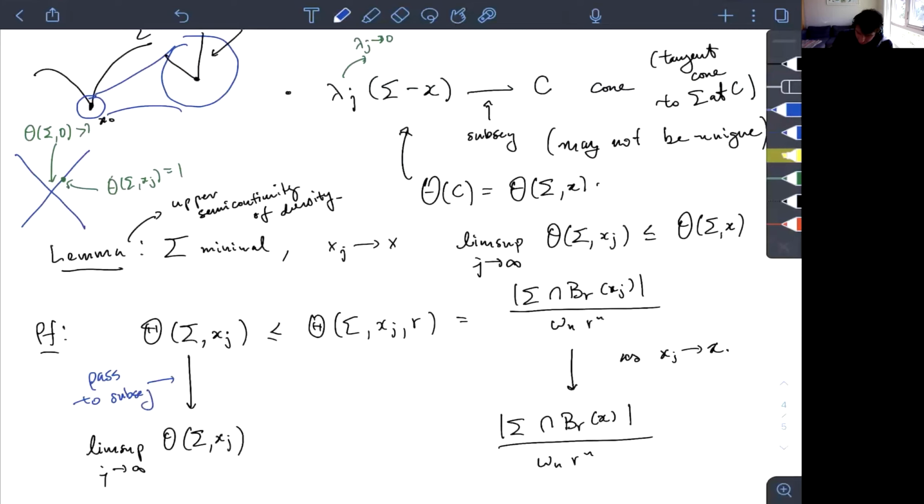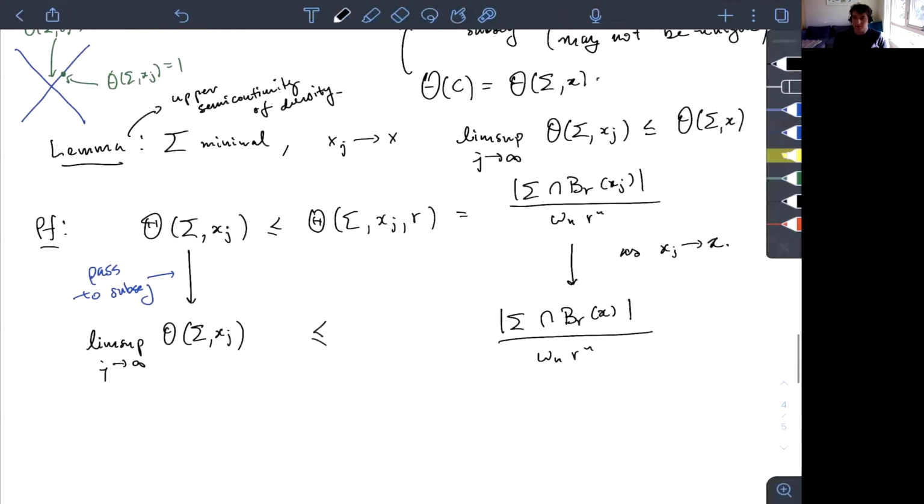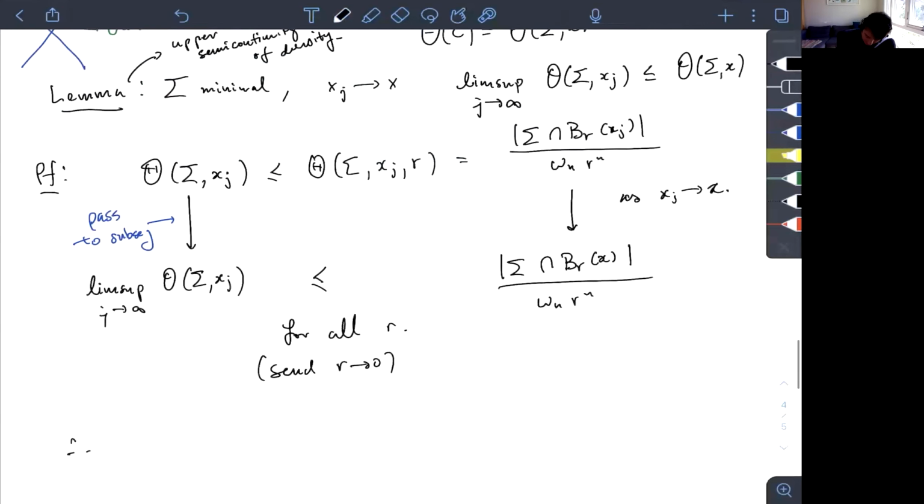Still these inequalities hold for all r, and we can send r to 0 again. So we find the lim sup as j goes to infinity of theta of sigma at xj. Well, the limit of this quantity as r goes to 0, we saw that the limit exists, and that's the density of sigma at x.